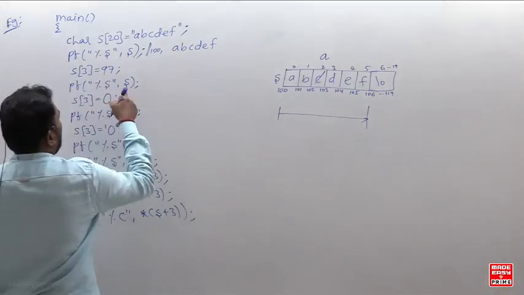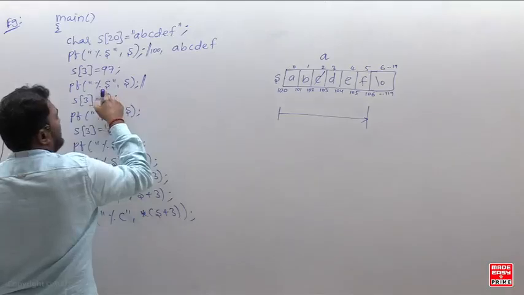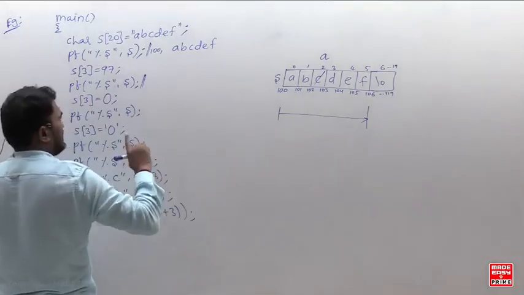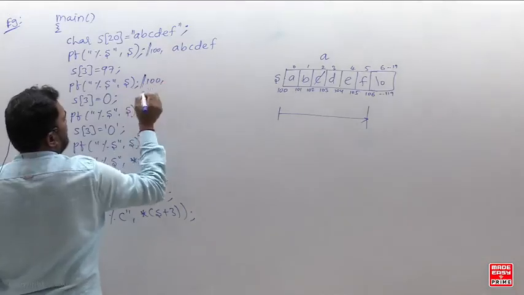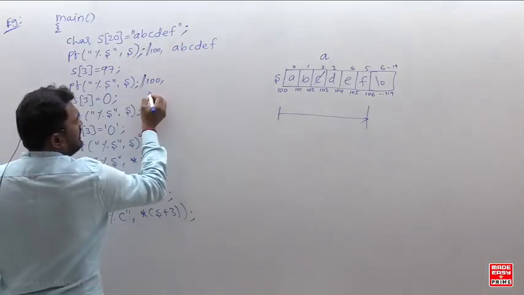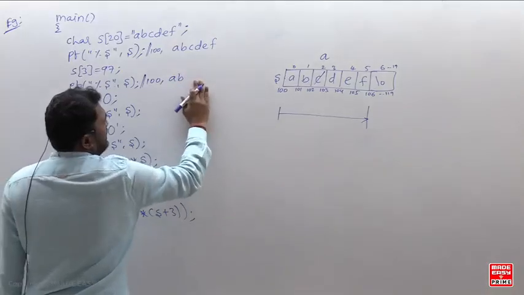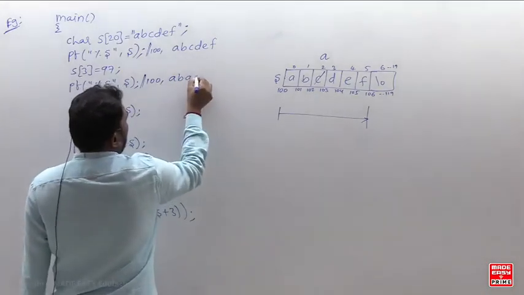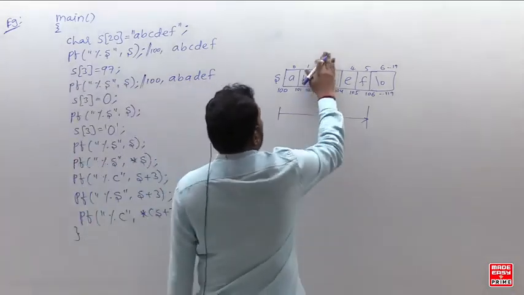So next if I say printf percentage s, percentage s को क्या देना चाहिए? Base address. You need to provide the base address to this, and you are giving the base address. S is a base address, and you will print all the characters. A B C, oh sorry. A B C a E F. Oh S of 3, sorry. Printing mistake हो गया.